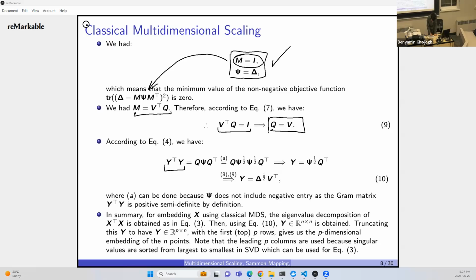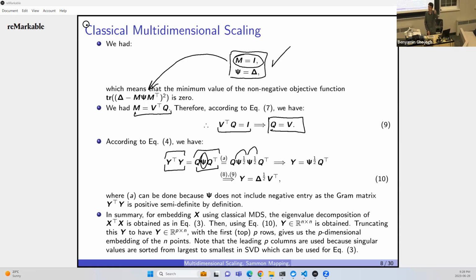Also, we know that we had Y transpose Y equals Q psi Q transpose. You remember, this was the eigenvalue decomposition for Y transpose Y. Now I write psi to be psi to the power of half times psi to the power of half. Why am I allowed to do this? Because I know that this is the eigenvalue decomposition of Y transpose Y. Y transpose Y is a positive semi-definite matrix. It's like a linear kernel. Therefore, its eigenvalues are non-negative.